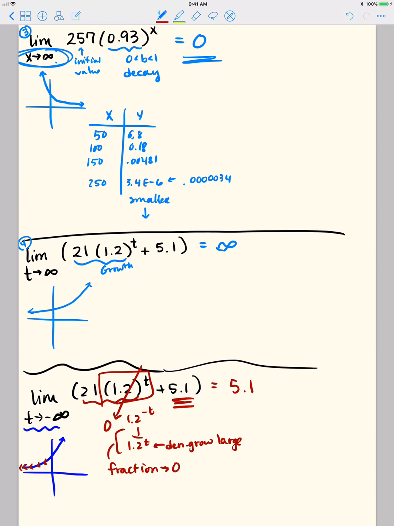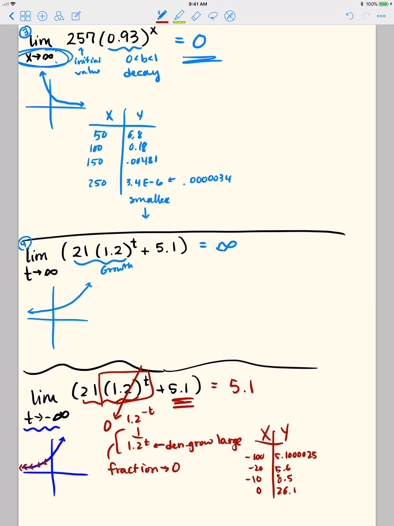If you look at a table, you have to put the function into y1 and go up into the negatives. If you start at 0, the function is 26.1. But if you go to negative 10, it jumps to 8.5, and negative 20, it jumps to 5.6. And if you keep going more and more negative, say negative 100, it's like 5.10000025.